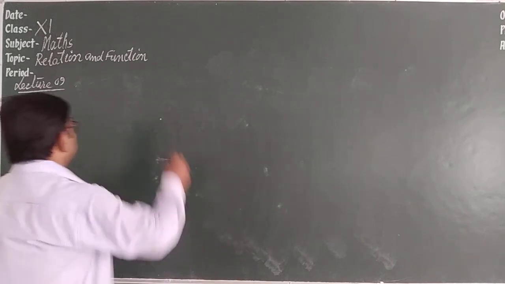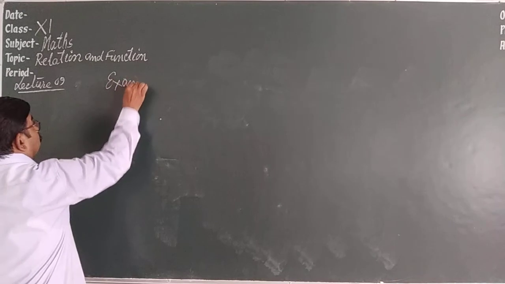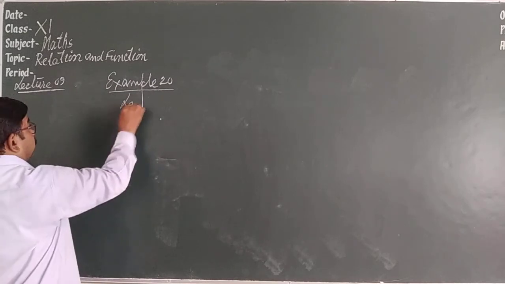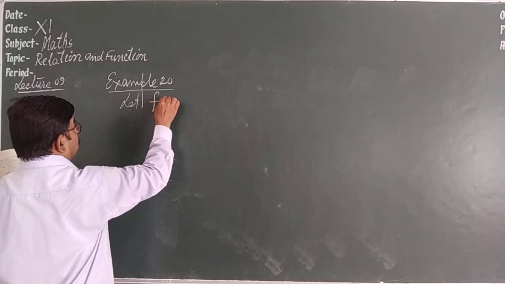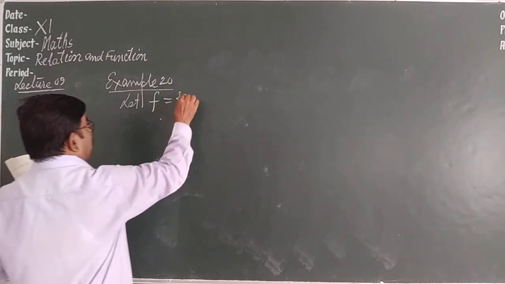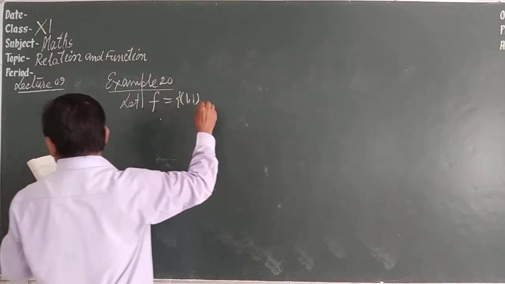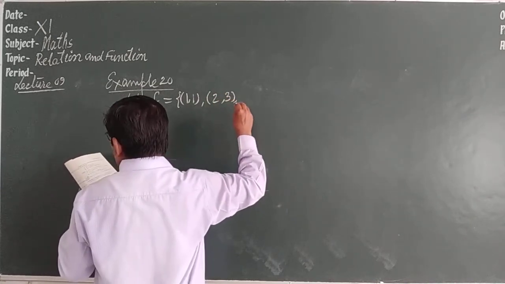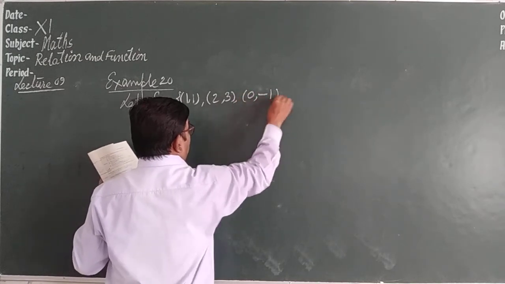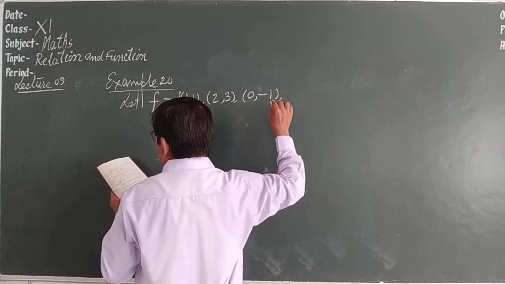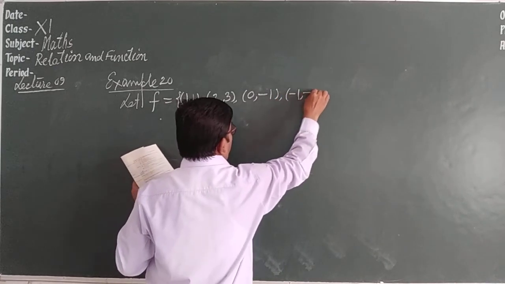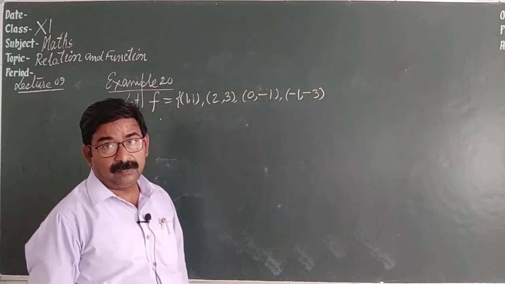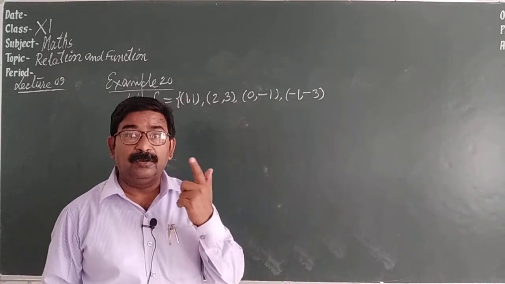Example 20. Given that f is a function equal to the ordered pairs (1, 1), (2, 3), (0, -1) and (-1, -3), be a linear function from Z to Z. Linear function means it is of degree 1.